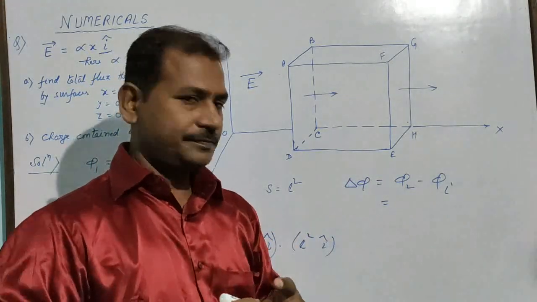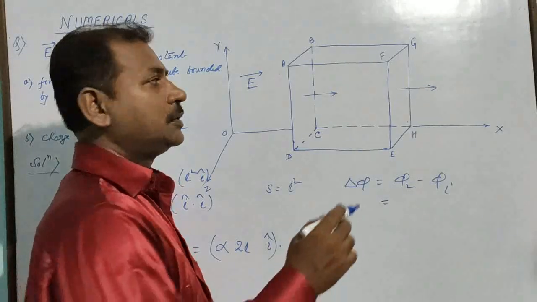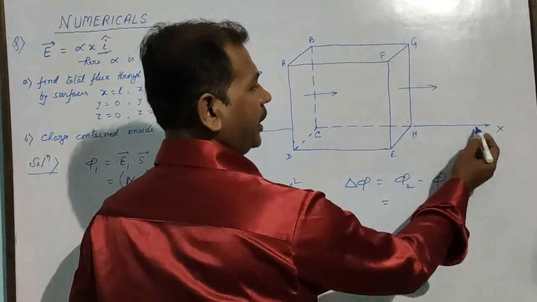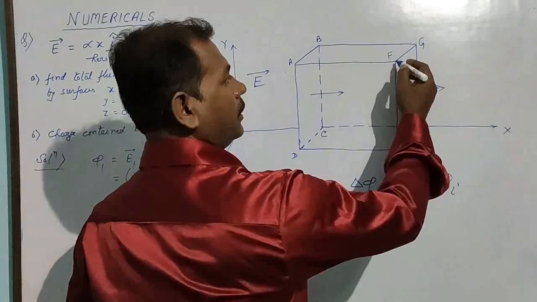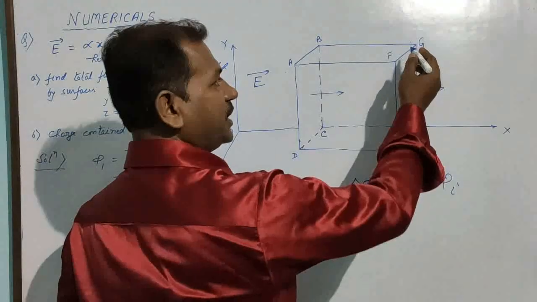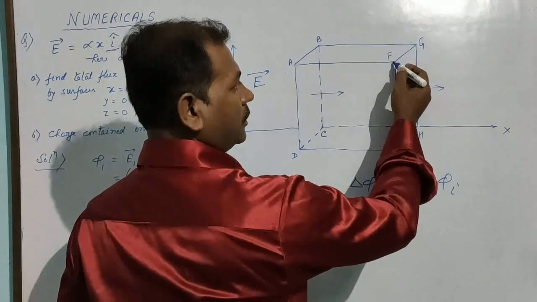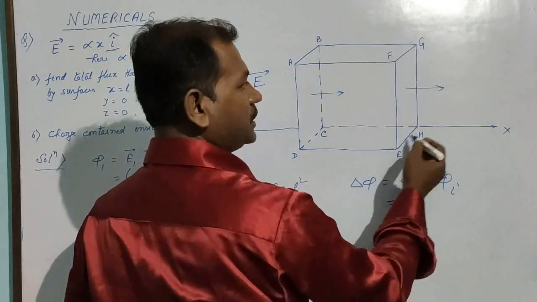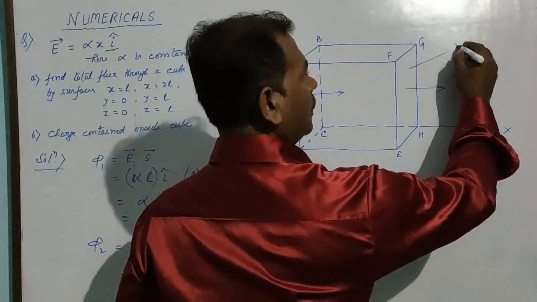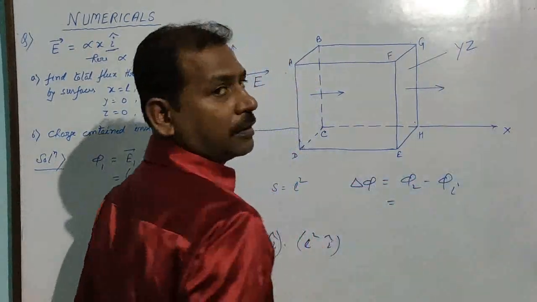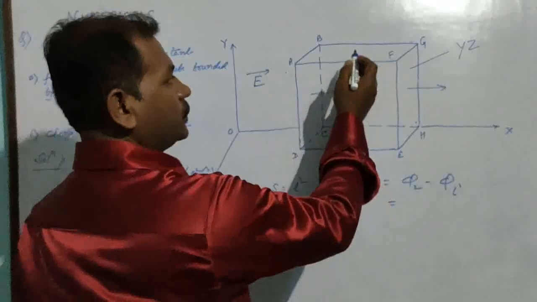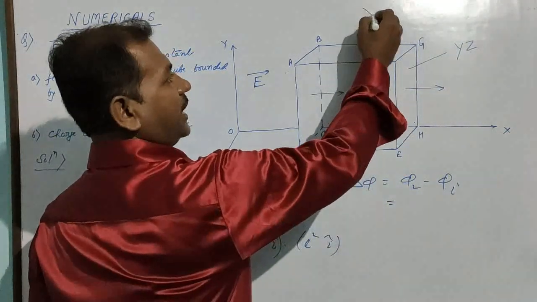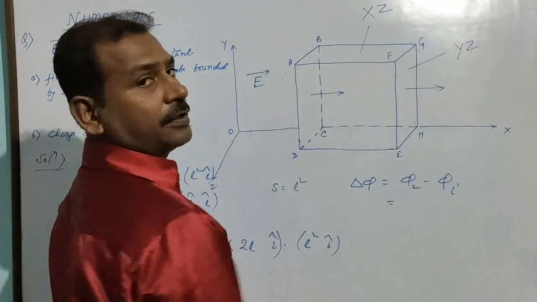For example, like this one is a cube, it is acting along x, this one is y, and this coming towards you is z. So this is z, this is y, and this is x. This means this one is the yz plane. So this will be x and z. So this is the xz plane.